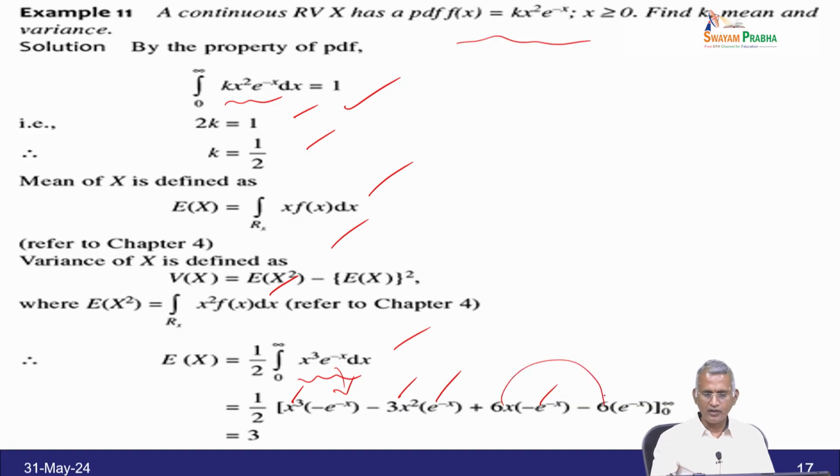And 6x is differentiated to 6, and e power minus x integrates to minus e power minus x. Now apply the limits 0 to infinity. The first part will be 0, the second part when infinity is applied gives 0, 0, 0. For the lower limit it is 0, second term 0, third term 0, and the last term we have 6 by 2, which is 3. So that is the way we get e of x equal to 3.